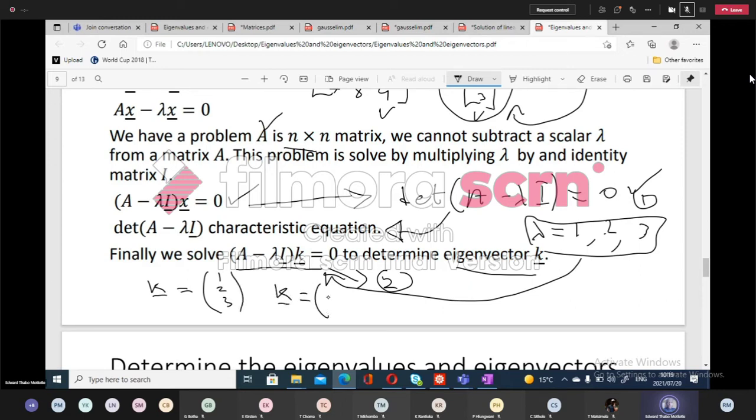If it's a 3 by 3 matrix, this means you'll end up with 3 of these, k1, k2, and so on. So these are called eigenvectors. You see, they are vectors. These ones are scalars.